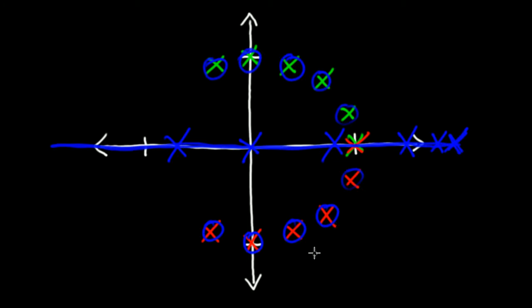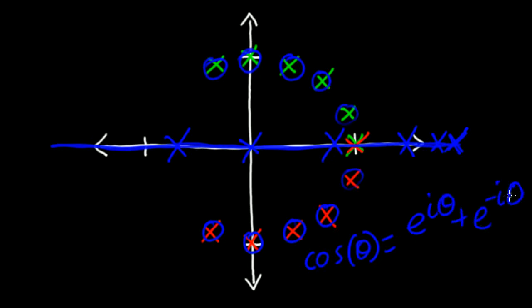In other words, cosine of theta is equal to e to the i theta plus e to the -i theta, two complex exponentials with opposite frequency added together, but then we take this whole thing and divide it by 2 because when we add those two together we get out to plus or minus 2 instead of plus or minus 1.